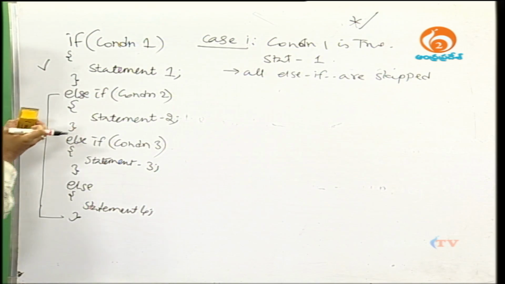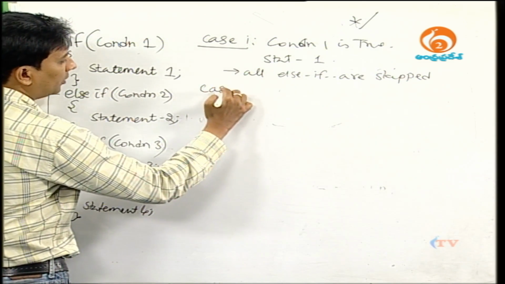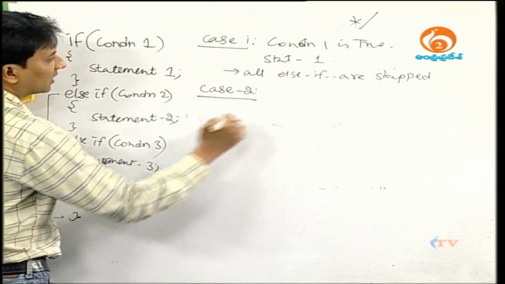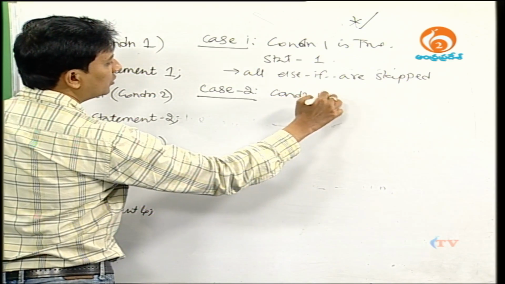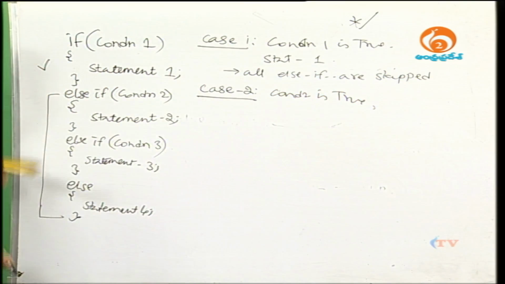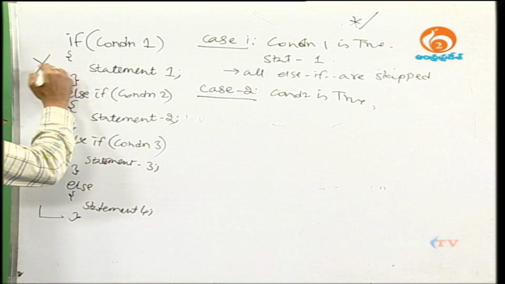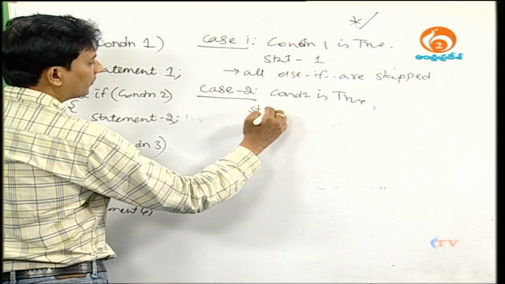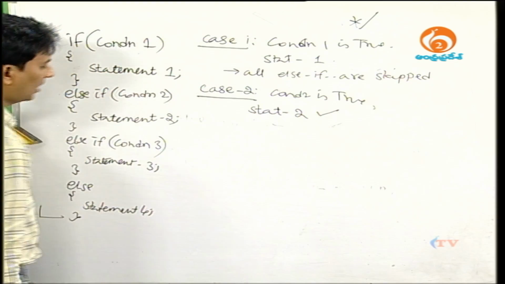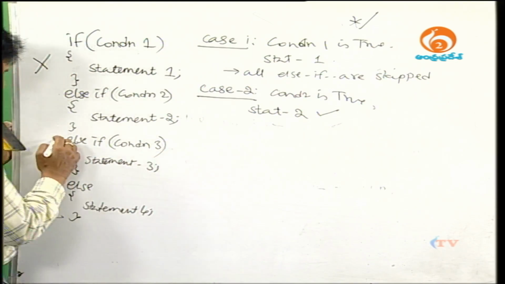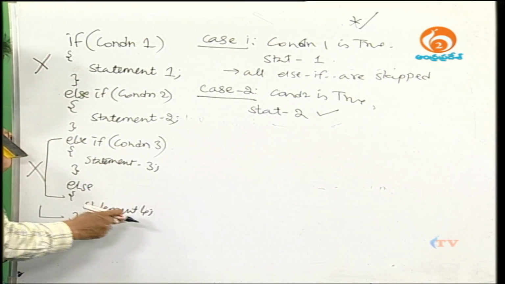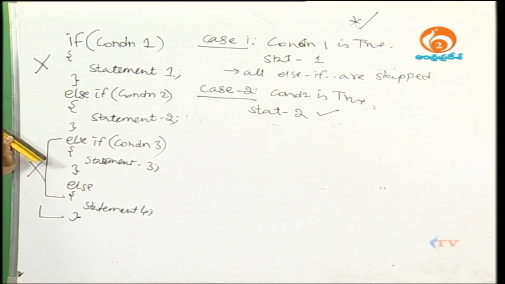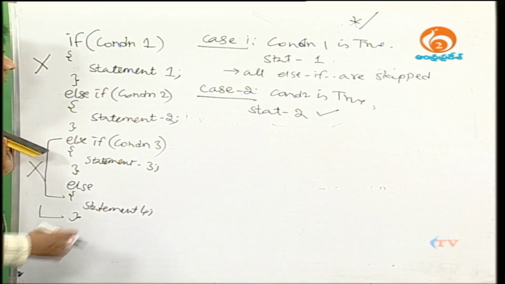Okay. Next, case 2. Now I am talking about case 2, means condition 2 is true. Here if condition 2 is true, condition 1 is skipped, statement 1 is not executed, only statement 2 is executed, and the remaining statements, statement 3 and statement 4, are not executed. Next, case 3.